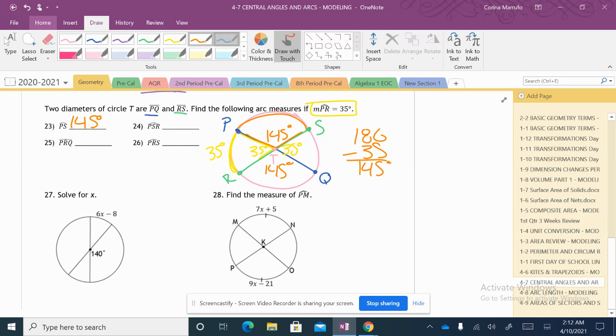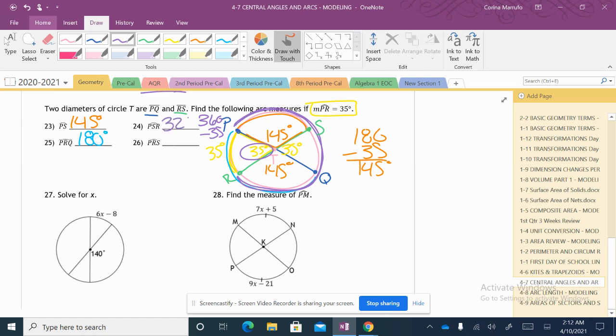The next one saying from PRQ, so P to R to Q, that's a semicircle, so it's 180. We have PSR, so P to S to R. So we can either add these three angles that we cross, 145, 35, 145, or we can do 360 and subtract this one. So I'm going to do 360 minus the 35, just because it's less work.